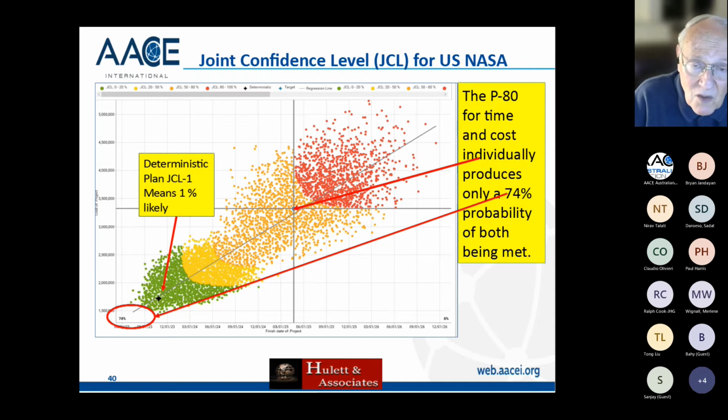The crosshairs are now at the P80 for cost and the P80 for time. But if you notice in the lower left-hand corner of this scatter diagram, it says that only 74% of the dots are in the left-hand quadrant.